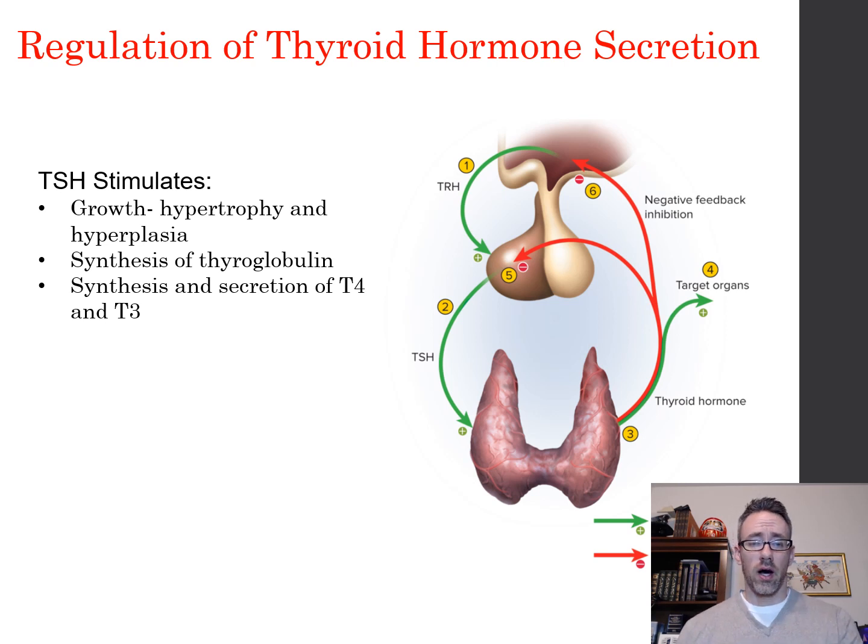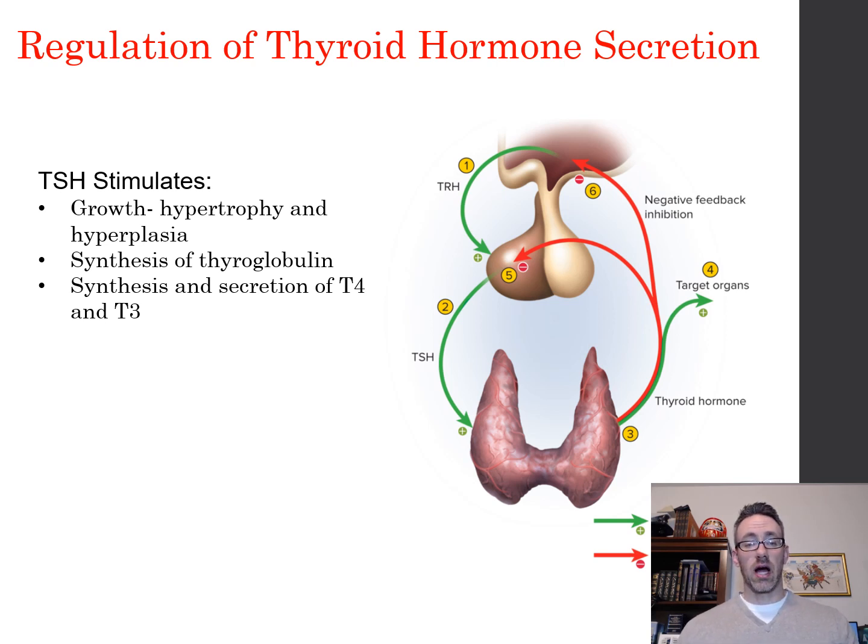So if TSH levels were to rise chronically, it can cause an enlargement of the thyroid gland itself because it increases protein synthesis and growth of those cells, and it can cause something we call a goiter, which I'll talk about a little bit more later.